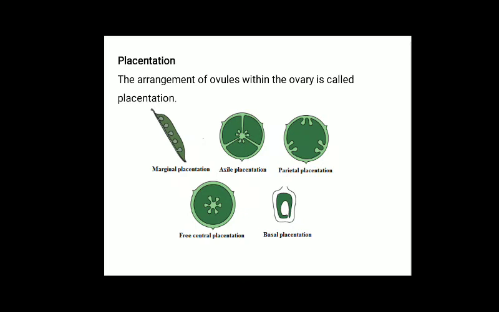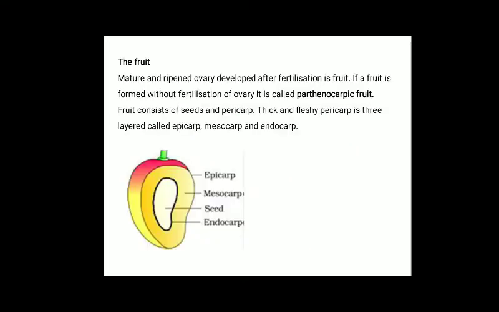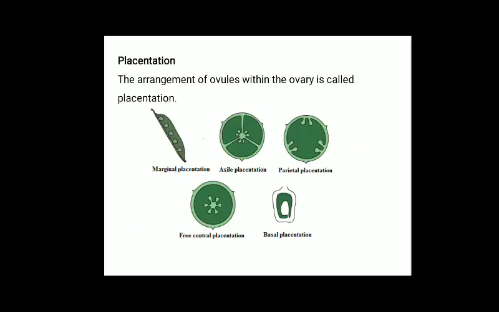Placentation is the arrangement of ovules within the ovary. First is marginal placentation. In marginal placentation, ovules are arranged in a single row. This is seen in the pea plant.